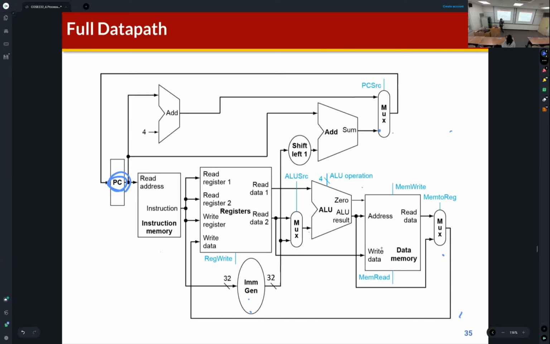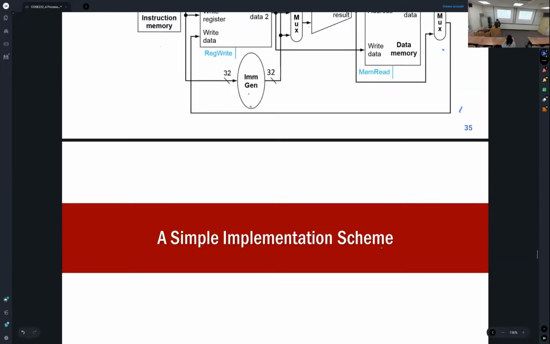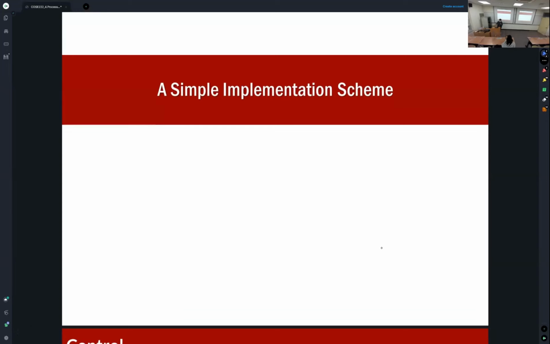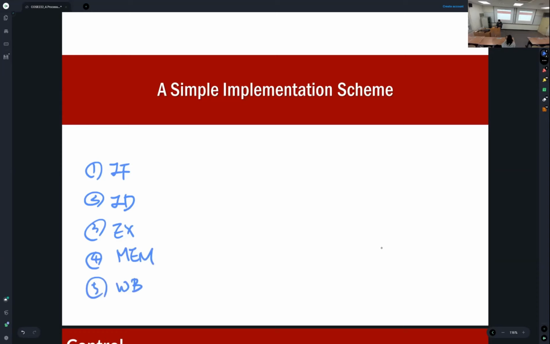You need to remember the 5 required steps for executing instructions, which is very important. The 5 steps are: instruction fetch, instruction decoding, execution, memory, and write back. You also need to remember which operations are performed by each step. What is instruction fetch?